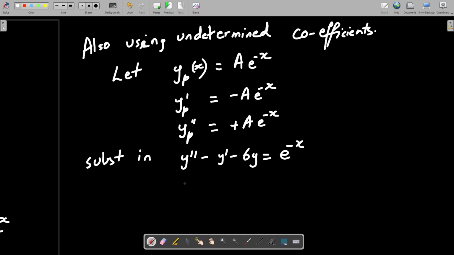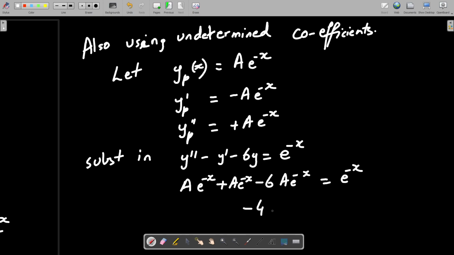Okay, so this will become a e raised to minus x, minus minus will make it plus a e raised to minus x, and this will become minus 6 times a e raised to minus x is equal to e raised to minus x.